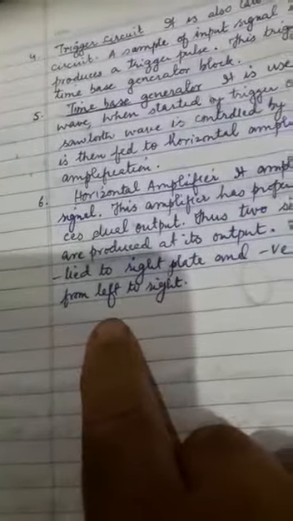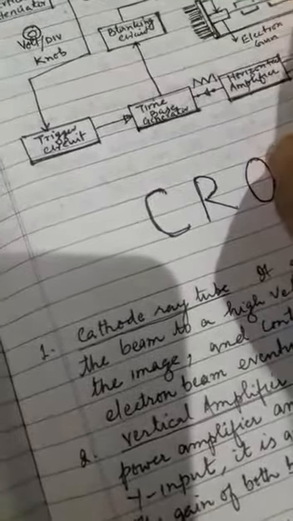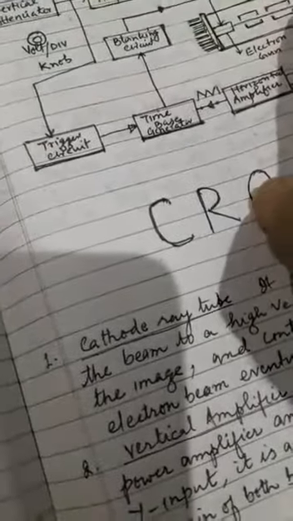As I have written here, the positive going sawtooth wave is applied to the right plate, and the negative one to the left plate, so the beam moves from left to right. Then the beam moves on across the horizontal plates and these vertical plates.